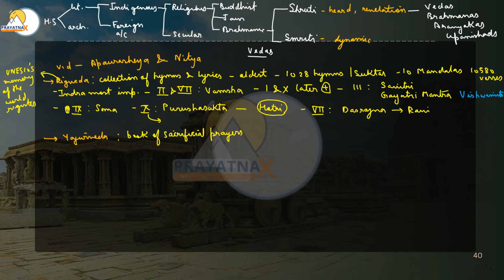Now, it basically dealt with the performance of rituals, and it was basically a manual for performing the yajnas. It had two parts: the Krishna Yajurveda and Shukla Yajurveda.